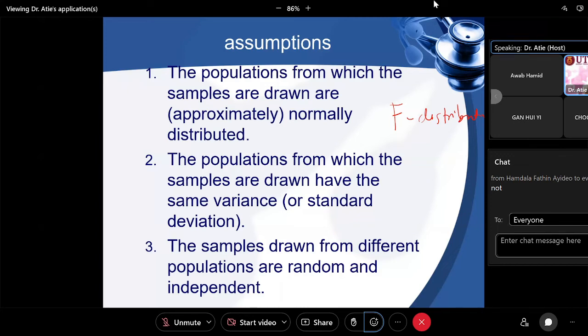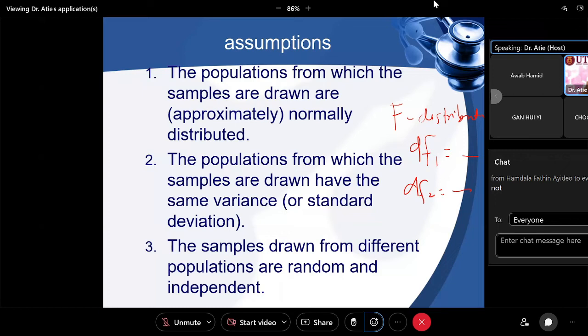So also a different table. For the T distribution we have DF, but for F we have two DF, DF1 and DF2, two degrees of freedom. One is for within the group, and the other one is for between the group degree of freedom.